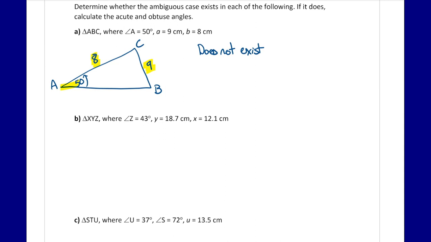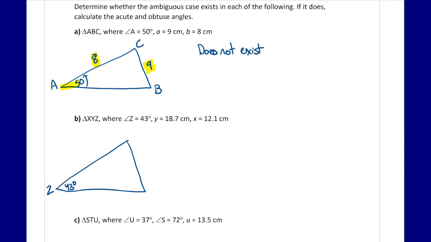The next one, triangle XYZ. I know angle Z, so let's put that down here in the corner, 43 degrees. I know X and I know Y, so again, I don't know one of the two other sides. In this case, it doesn't really matter which one we put it at.